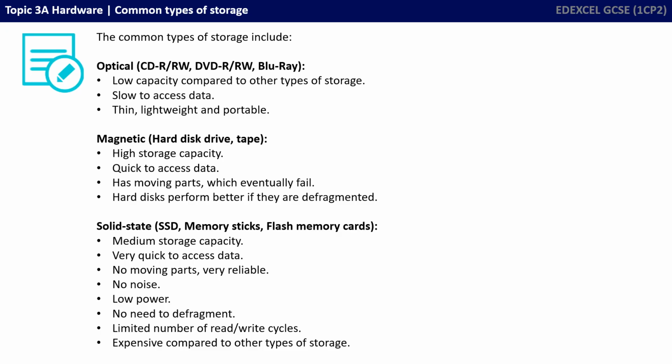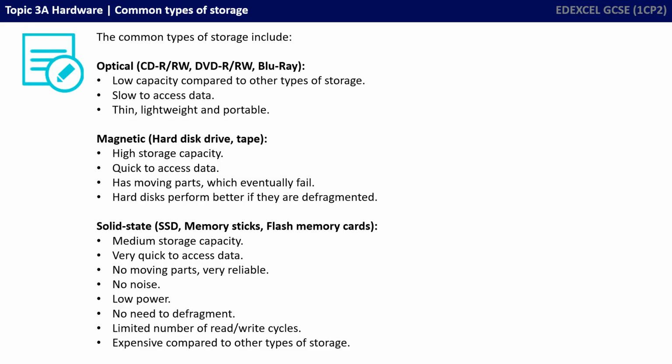So just to recap, the common types of storage include optical: low capacity compared to other storage, slow to access data, but thin, lightweight and highly portable. Magnetic devices: a very high storage capacity, quick to access data, but it has moving parts which eventually fail, and the hard disk performs better if it's defragmented.